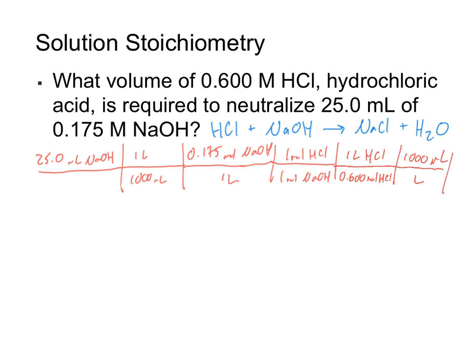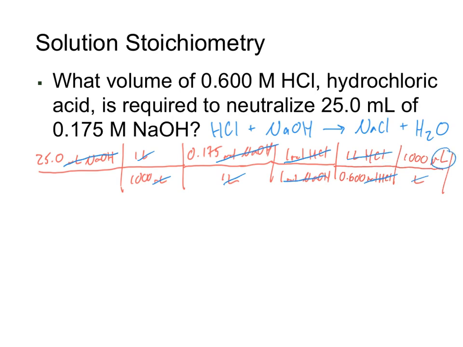And so once again, as in any stoichiometric calculation, when you're using dimensional analysis, let's take a look at how our units cancel out. Our milliliters of NaOH cancel out, liters cancel out, moles of NaOH cancel out, moles of HCl cancel out, our liters of HCl cancel out, and we'll be left with milliliters of HCl.